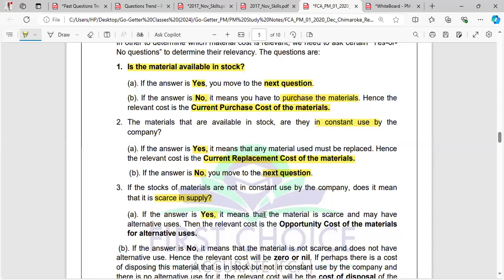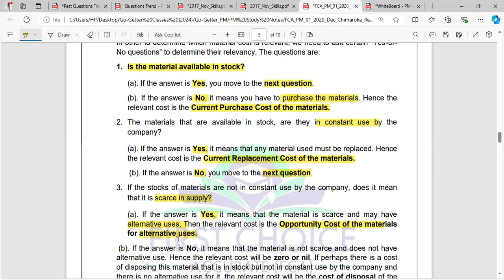It means that the material has alternative uses. So if it is scarce in supply, it means it has alternative uses. So it's either you use it to do one thing or use it to do another thing. Then it means that the opportunity cost of the material for the alternative use is relevant.